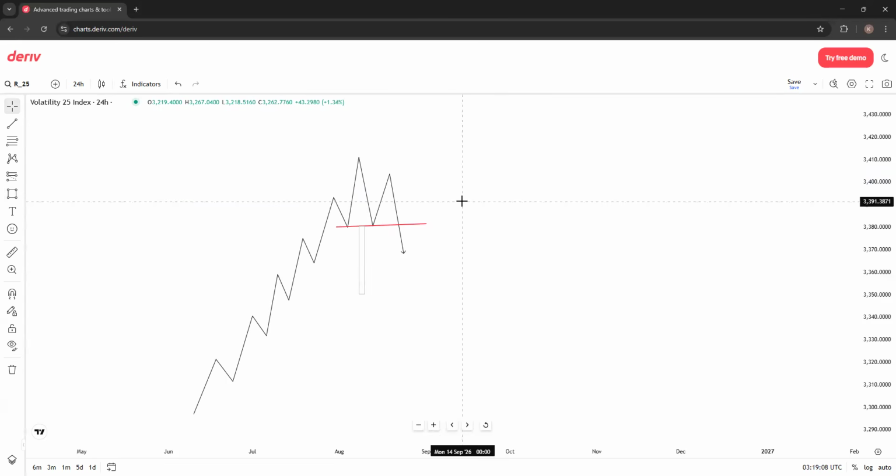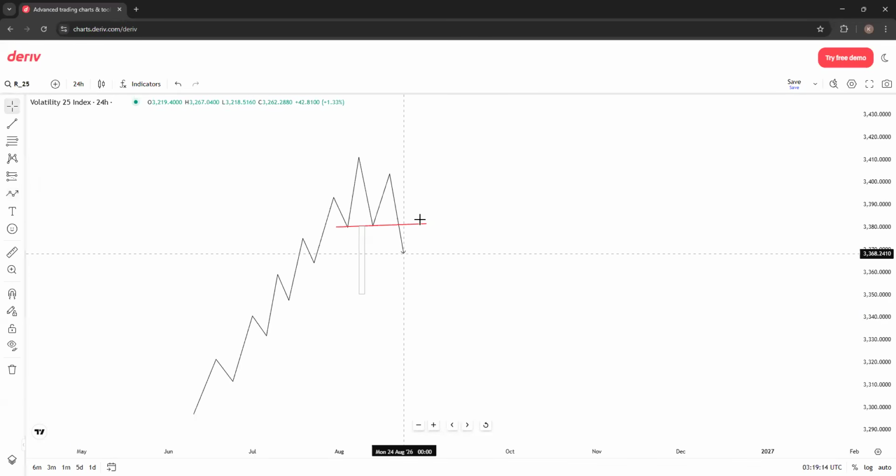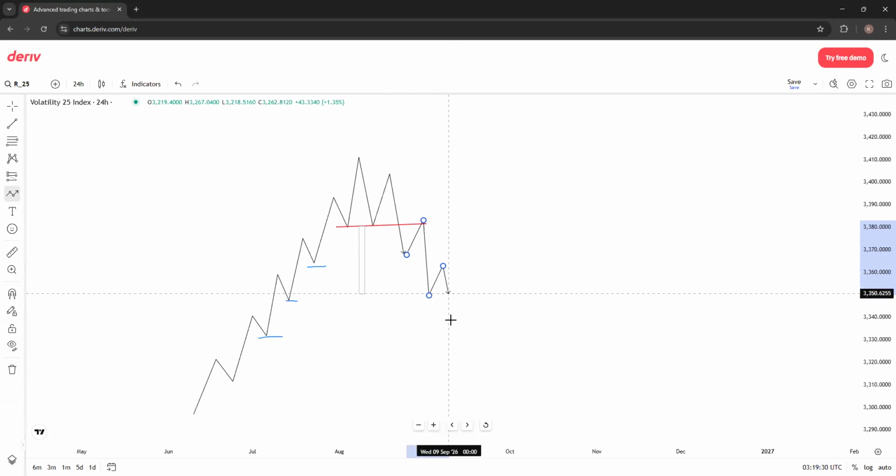Why wouldn't I say that? It's because I know now that it's market structure that's in play. And basically what I'm targeting is these lows, right? So at some point you get disappointed. You have an early exit, but then you find out that your price will continue going down.